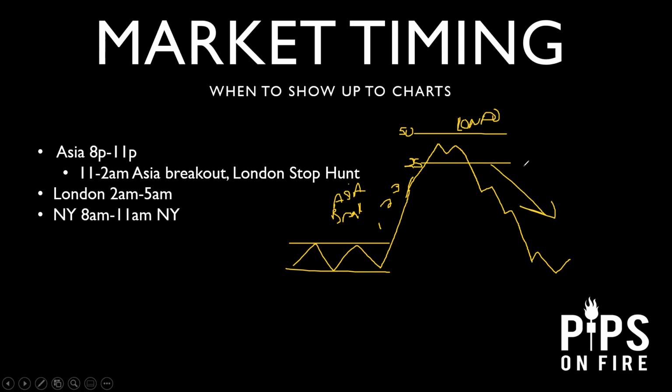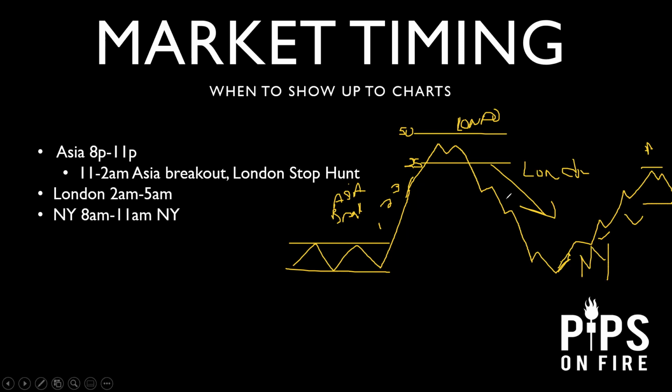Let's just pretend this is all London. And then New York comes, you get a reversal. Market does what you want it to do, right? It gives you an actual reversal, and then now you're going back up. Okay, so then you got your VWAP back into the range, and then Asia starts again, right? So this is New York.